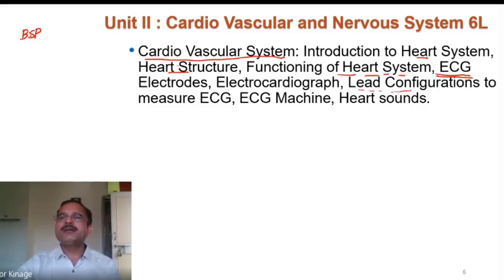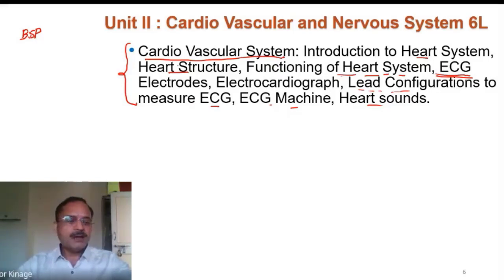Lead configuration means, leads are the terminals, the wires. So how these wires are connected, what type of electrodes are used to measure this ECG signal, which is finally given to some ECG machine, and what are heart sounds. So all these things we are going to learn in this first part of unit number 2, that is the cardiovascular system.